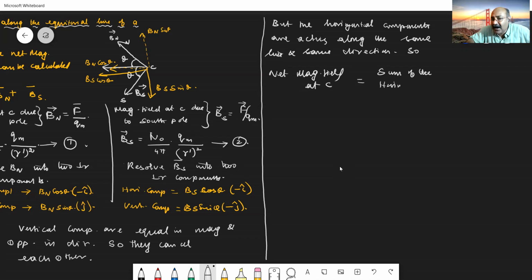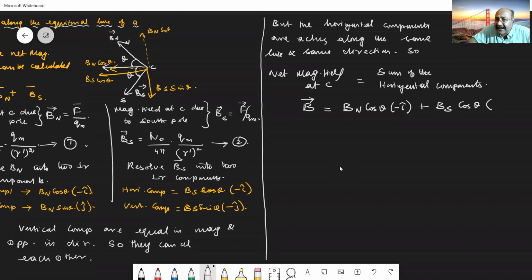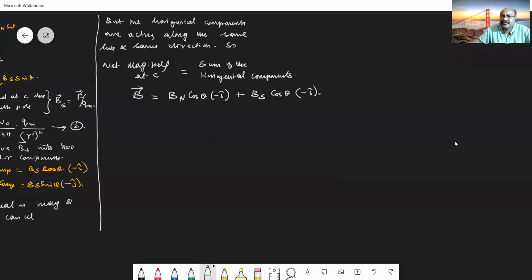How can I write it? The total magnetic field at C, B vector, is equal to the horizontal component of Bn, Bn cos theta along minus i cap, plus Bs cos theta along the horizontal direction, minus i cap. Hope you should have understood this.